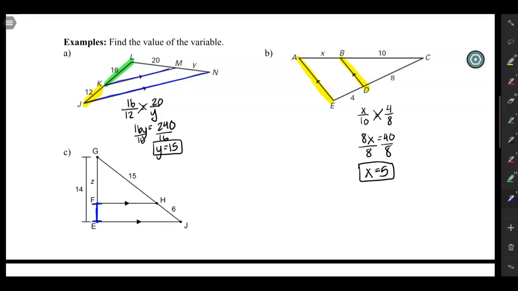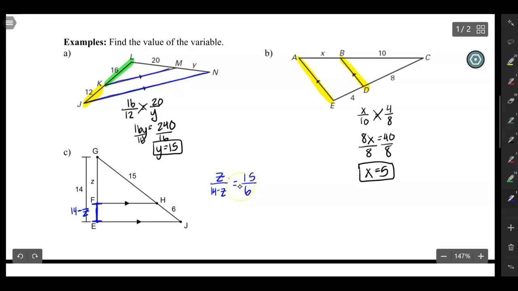I know that the entire height of the triangle is 14, and this upper piece is Z, which means this little blue piece right here is going to be 14 minus Z. Let's use that to set up a proportion. Since those two lines are parallel, I know that Z to 14 minus Z has to be proportional to 15 over 6.